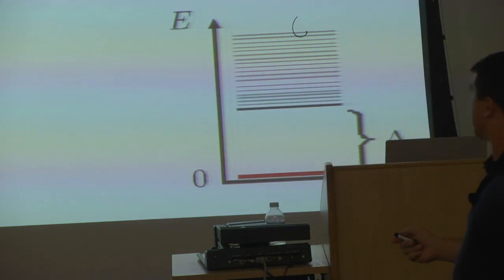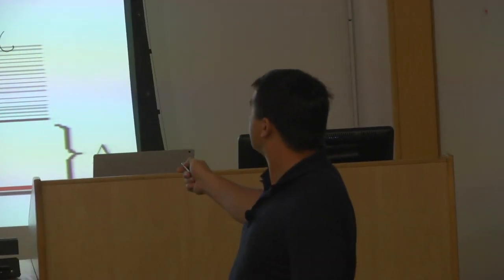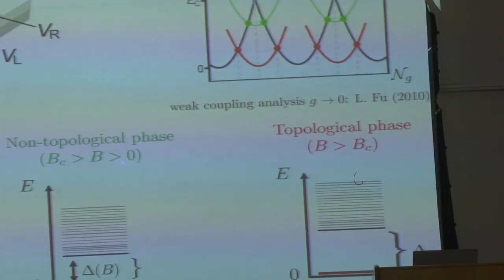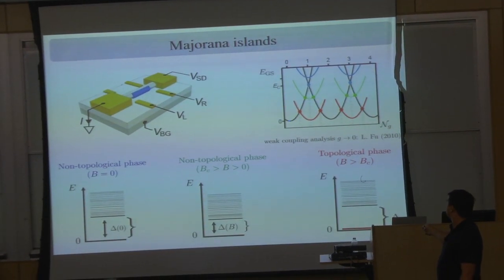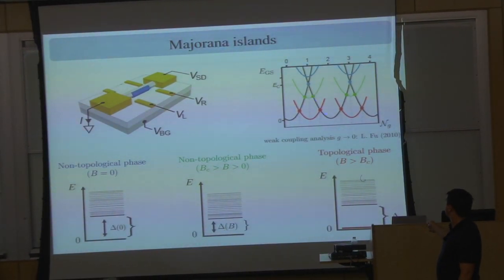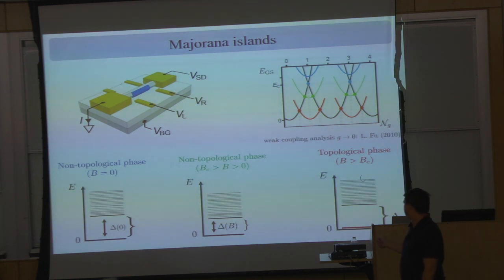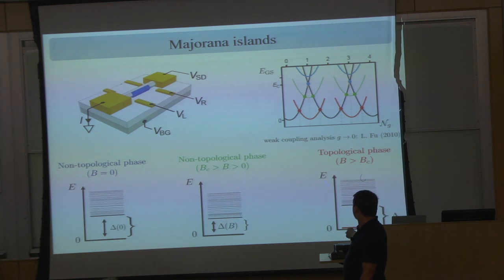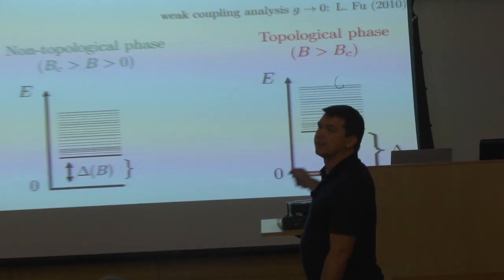So what we expect is that we start with a large gap, and then as a function of some field, the gap goes down. The ground state will change from even to odd, even to odd, and to even. But then eventually, when we go through the transition, this level will come down, and eventually the periodicity of the ground state energy becomes 1e.